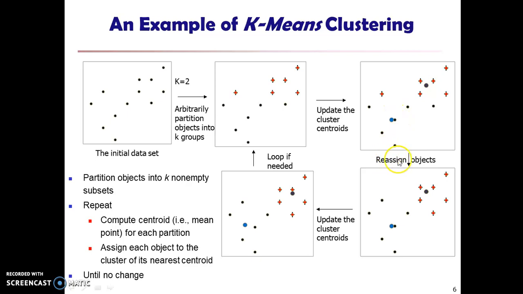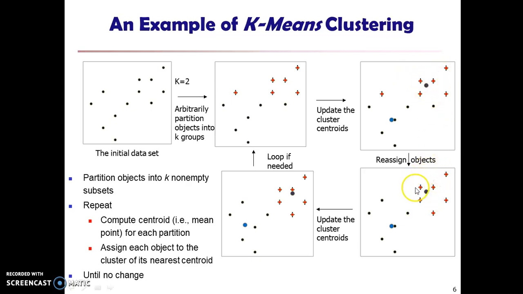Now reassign objects. Okay, means with this centroid, what are the objects around available that can be moved into this group, and to this centroid, if there are any data points available around, they can be moved towards this centroid.